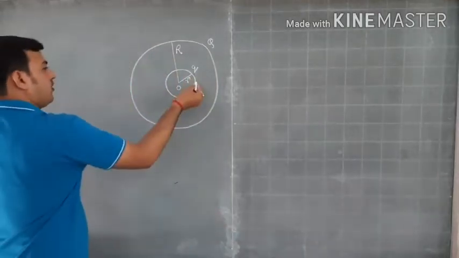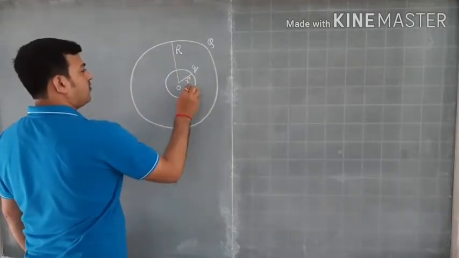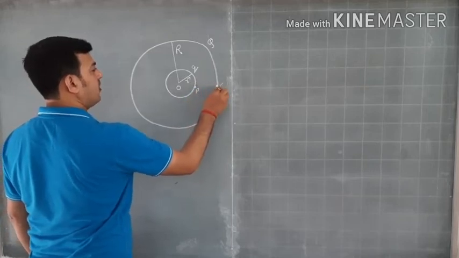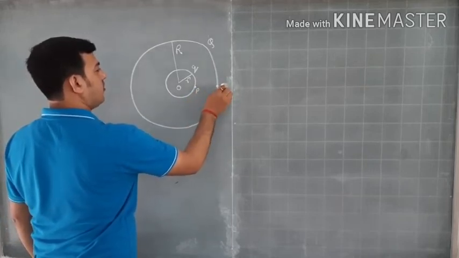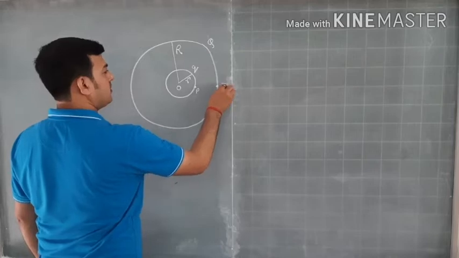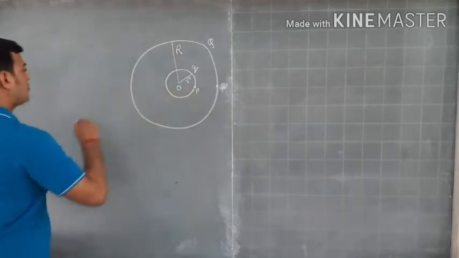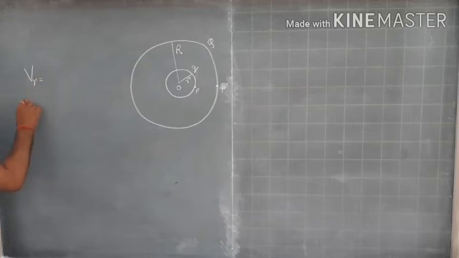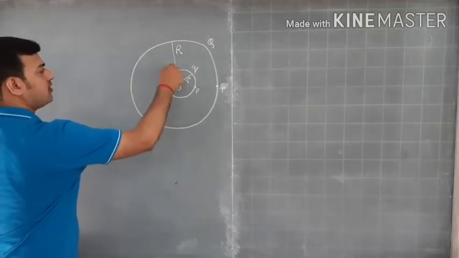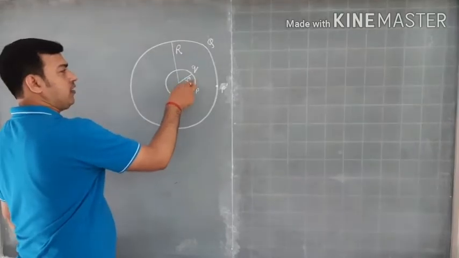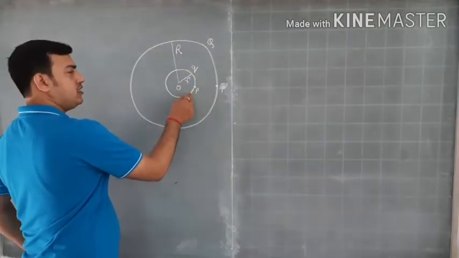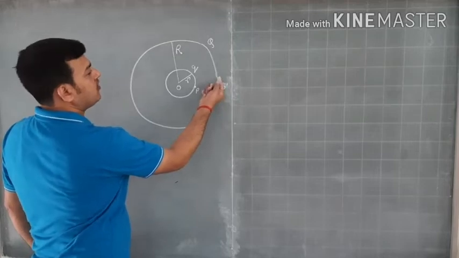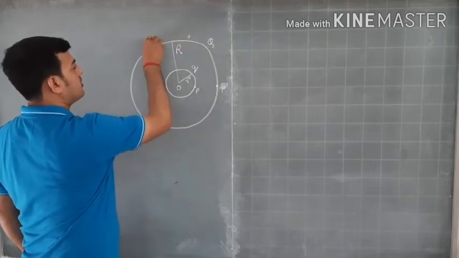Now first of all, I am interested in finding out the potential on the surface of the inner shell and the potential on the surface of the outer shell. Let me take this point as P dash. So as per previous study, if I want the potential on the surface of the inner shell, then the potential will be the sum of the potential due to its own charge as well as the potential due to the charge of this outer shell.